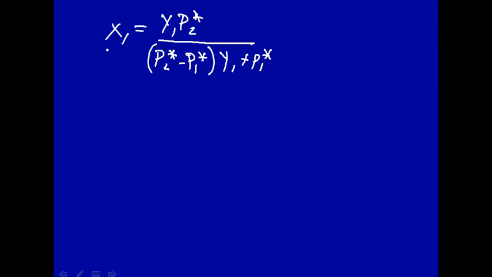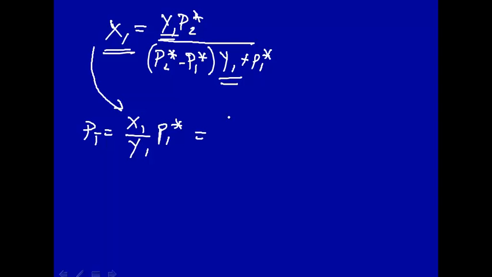So we have x1, the mole fraction in the liquid phase, as a function of the mole fraction in the vapor phase. All right. So we go back over to our equation that the total pressure was the mole fraction in the liquid divided by the mole fraction in the vapor times the partial pressure of pure 1. Okay. We know what that is. We're going to plug that right in there.